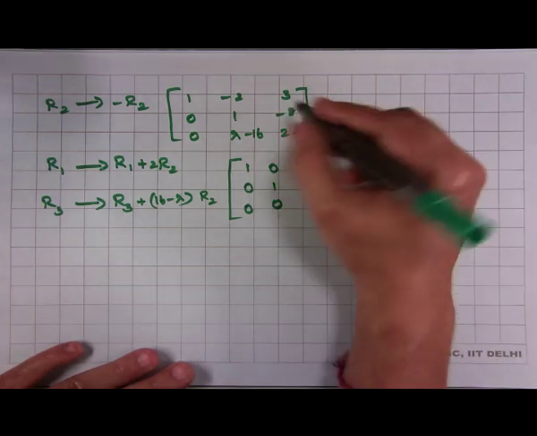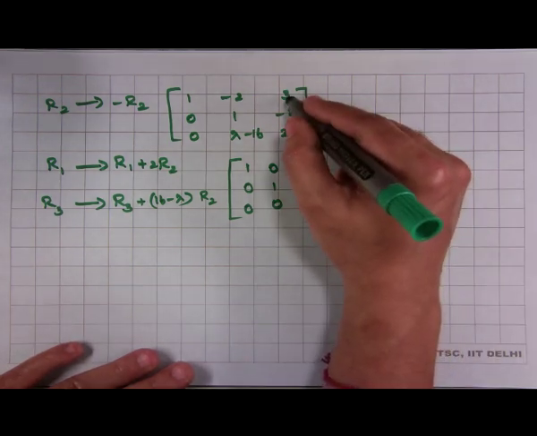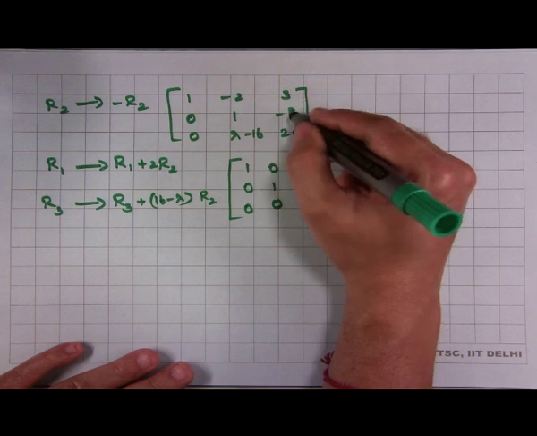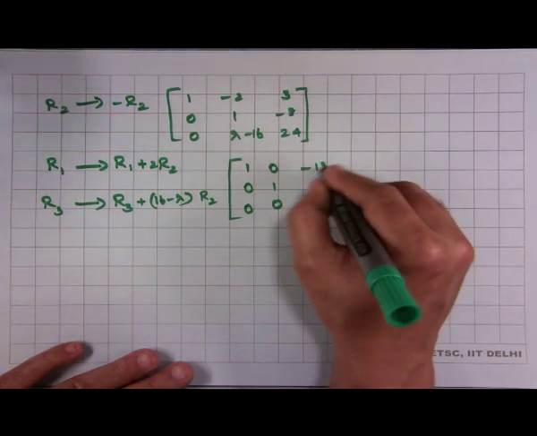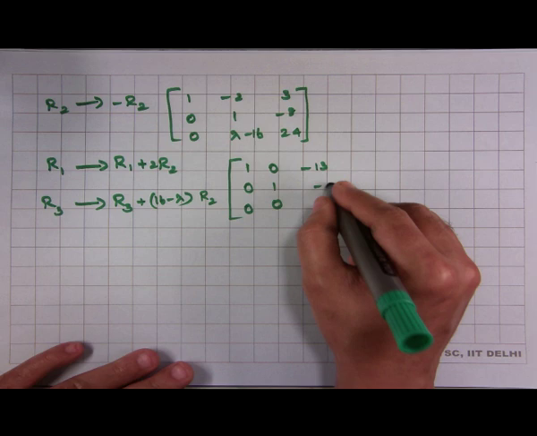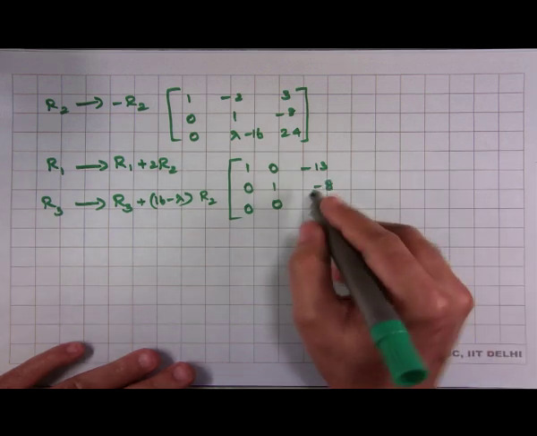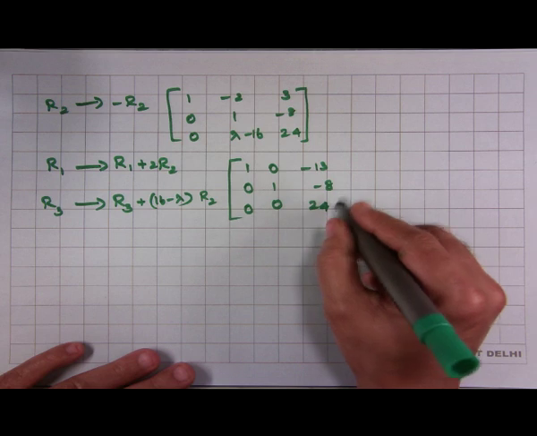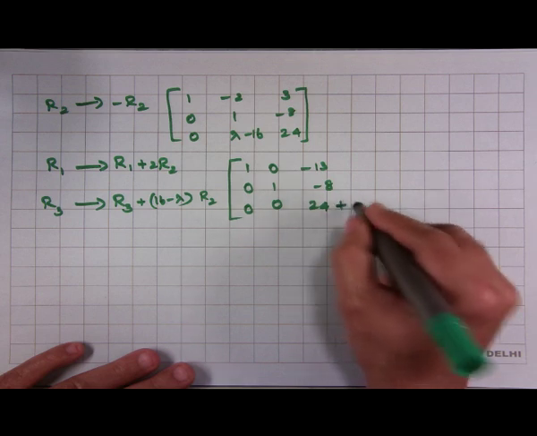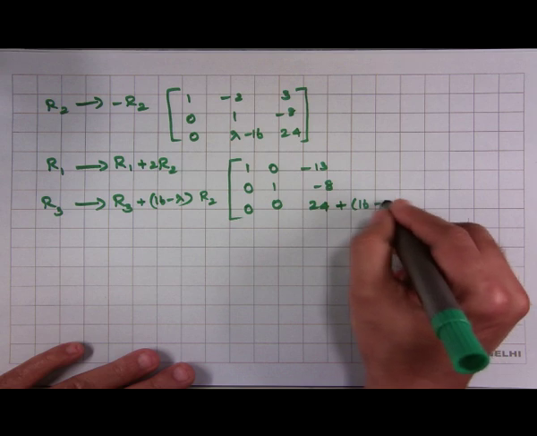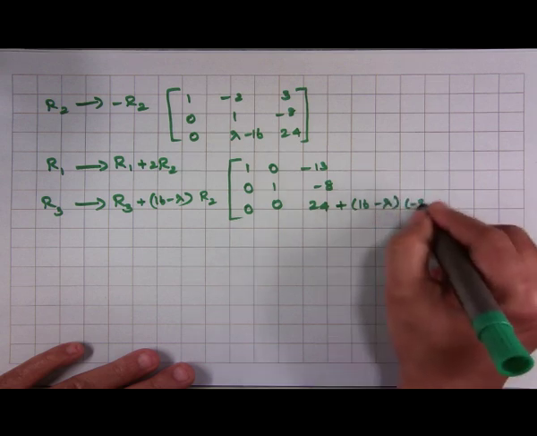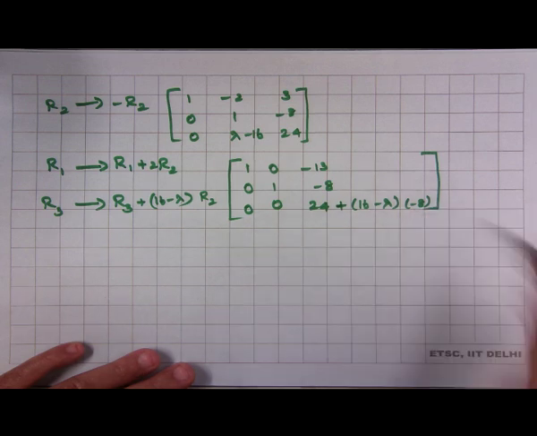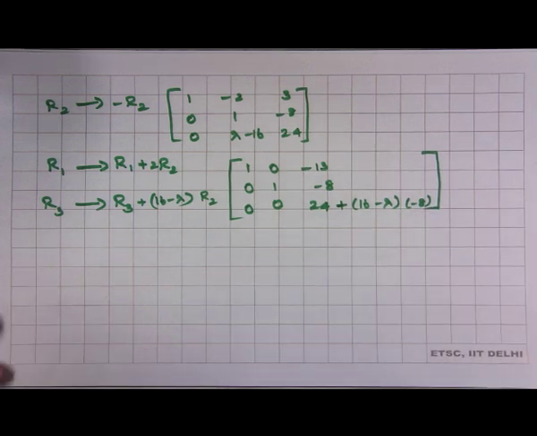fine. R 1: 3 plus 2 times minus 8, so 3 minus 16, which will give me minus 13. The next one remains unaltered. Next one: 24 plus 16 minus lambda times minus 8, right. This is what I am going to have.